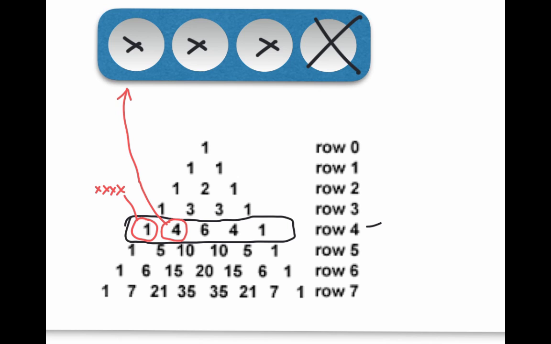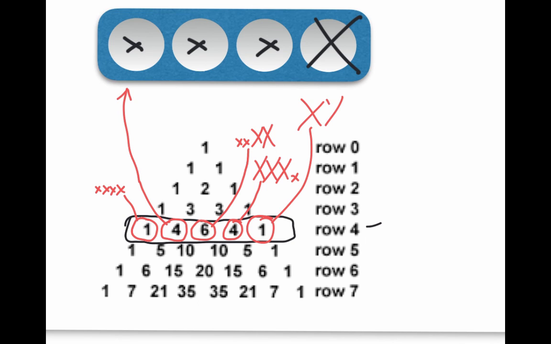Now this one says that there are 6 ways of getting the genotype in which, for example, we have 2 little x and 2 large x. And then 4 ways again of getting the genotype where we have 3 large x's and 1 little x. And finally, there is 1 way for us to get a genotype with 4 large allele letters. So these are the coefficients of the binomial expansion.